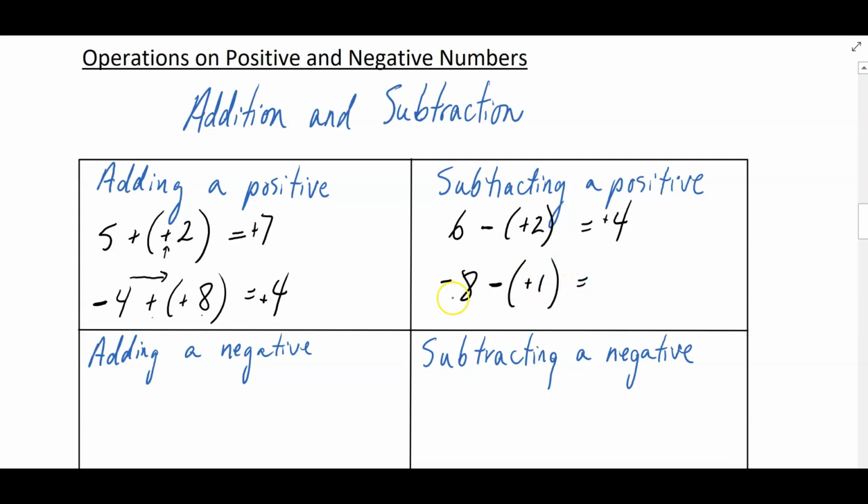So if the temperature is negative 8 and it goes down 1, right, gets lower, it becomes negative 9. So if you notice, when we subtract a positive, our number decreases. When we add a positive, our number increases. That's a generality that we can just keep in mind, okay?